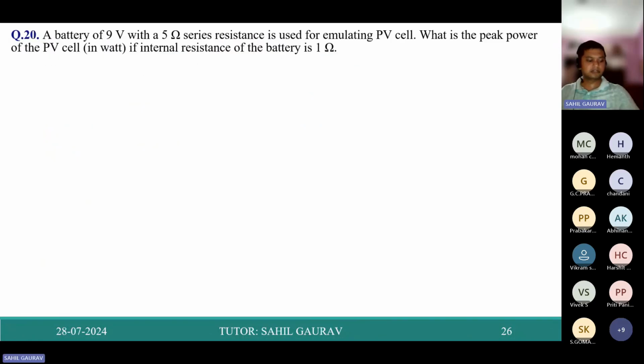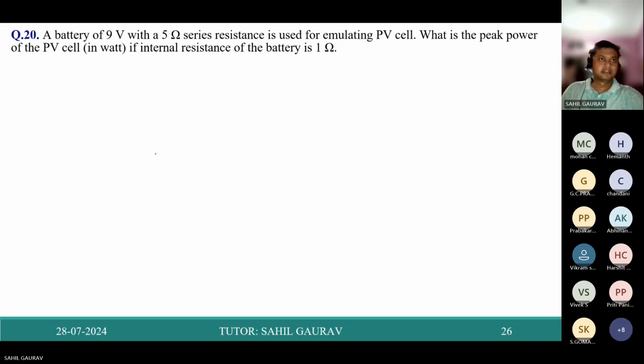Now, next problem. We have solved this type of problem also. A battery of 9 volt with a series resistance is used for simulating a PV cell. What is the peak power of the PV cell if the internal resistance of the battery is 1?